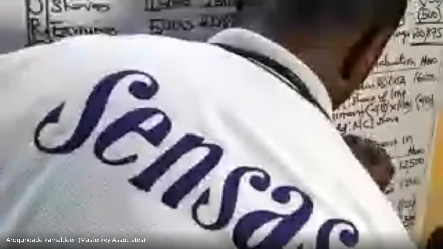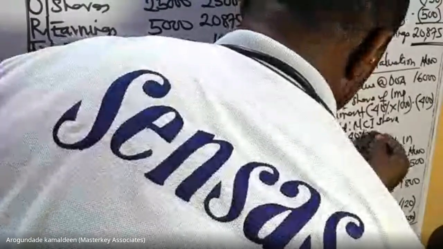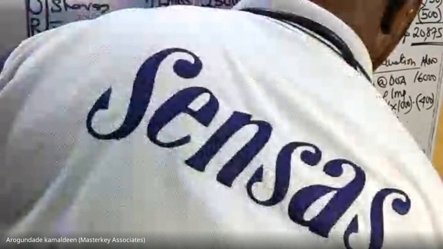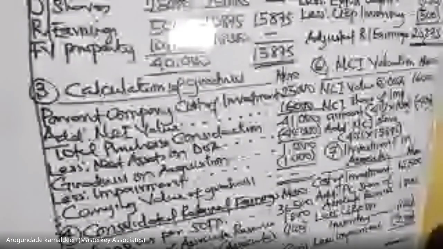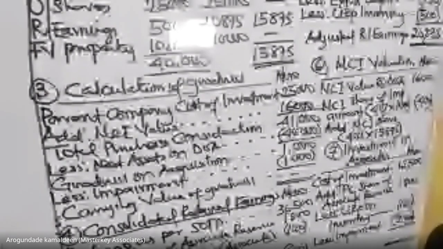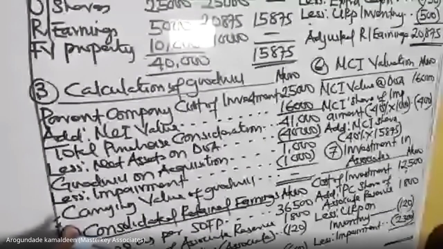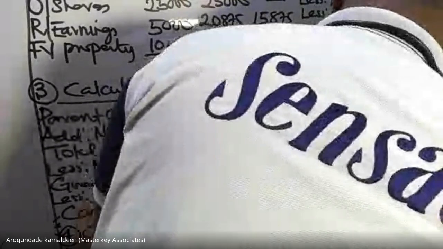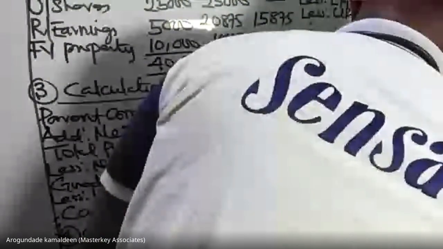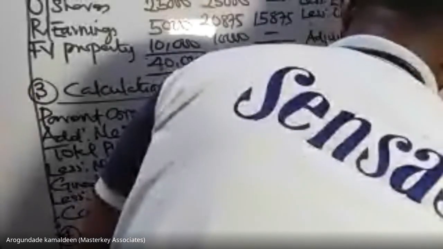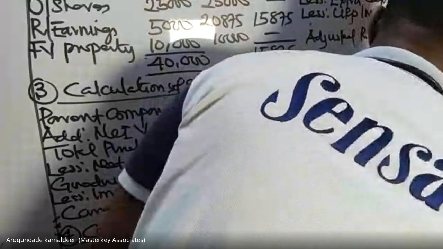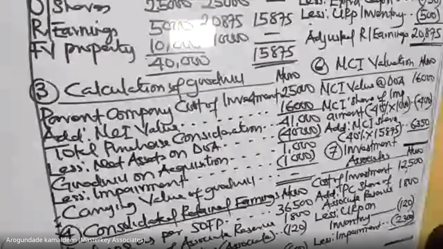That way, 40% of 15,875, 0.4, that will be 6,350.